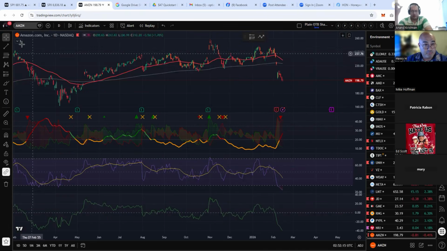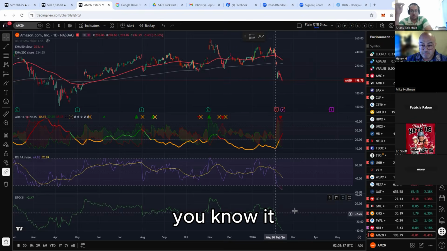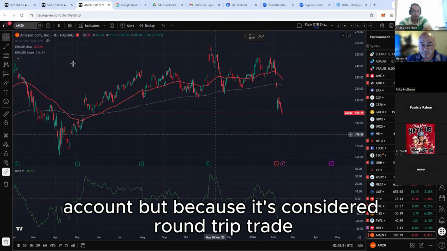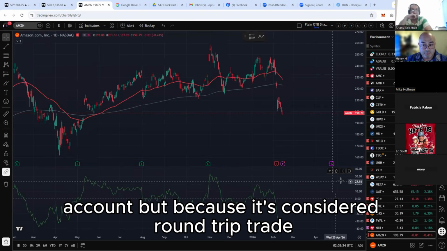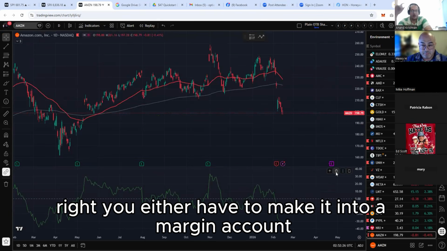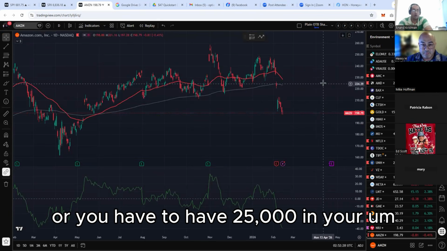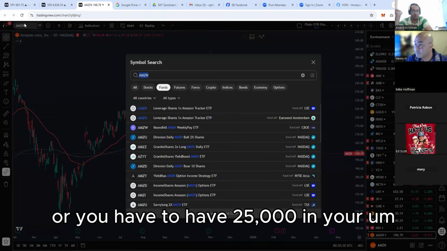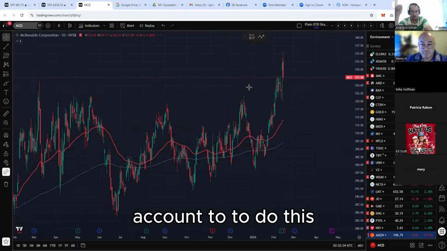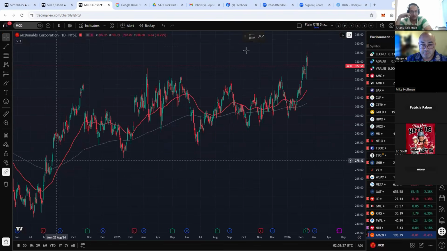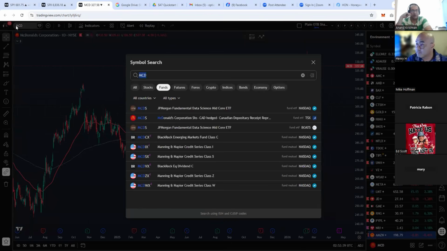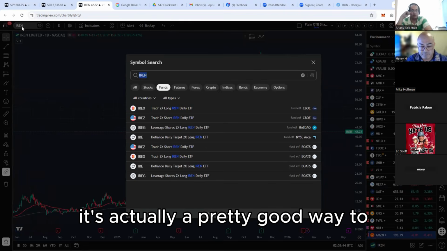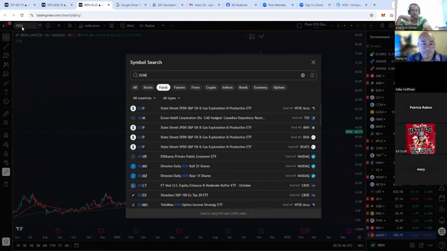You should be able to do this with no money in your account, but because it's considered a round trip trade, you either have to make it into a margin account, or you have to have 25,000 in your account to do this. But once you do have that, it's actually a pretty good way to make some regular cash.